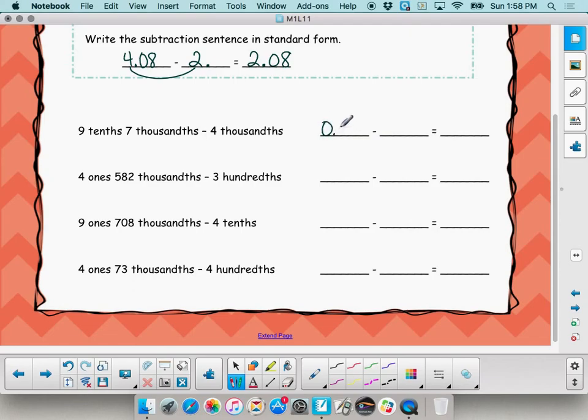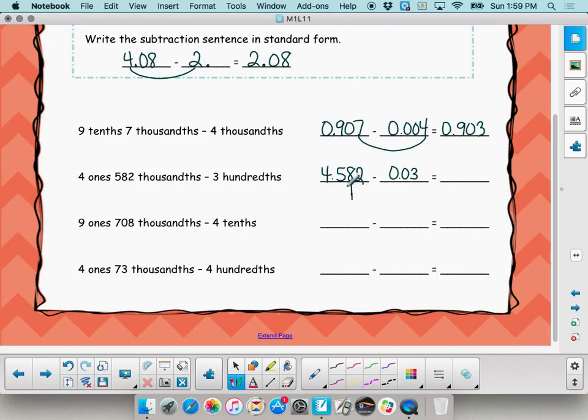So 9 tenths and 7 thousandths. So that looks like this. 9 tenths and 7 thousandths minus 4 thousandths. Okay, so we are just subtracting the thousandths place. 7 minus 4. And everything else stays the same. 7 minus 4 is 3. 4 ones, 582 thousandths minus 3 hundredths.